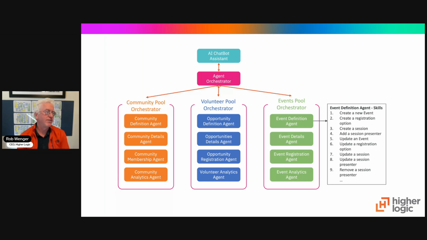And then the final thing that we're going to be adding is what I have on the screen here, which is all the agentic stuff. I'm sure you've heard either today or in the past about the agentic models and all this cool stuff they do. This is how we're visualizing it, where the same chat assistant will be talking to an agent orchestrator, which we also call a coordinator.